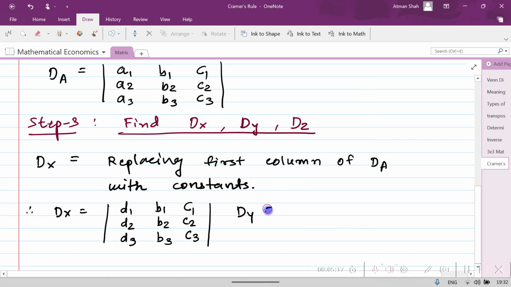Similarly, dy is, you replace the second column. So A1, A2, A3. Instead of B1, B2, B3, now we write D1, D2, D3, then C1, C2, C3.